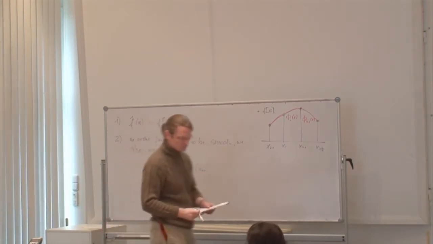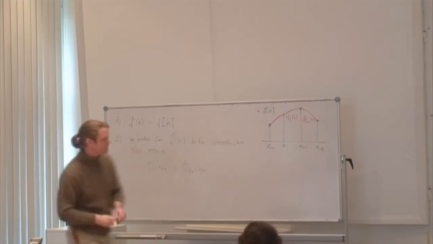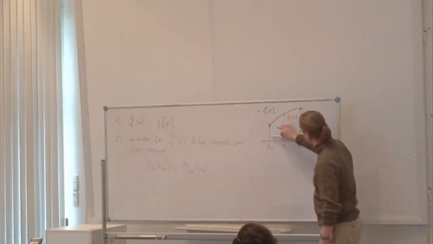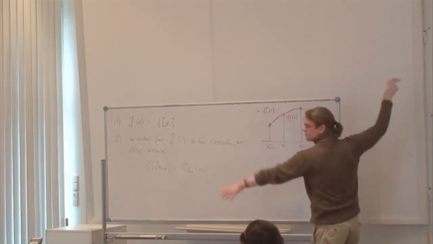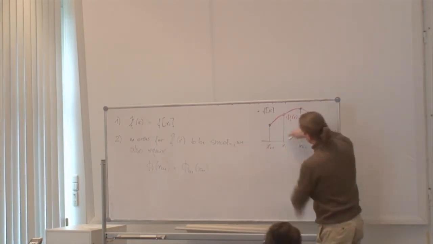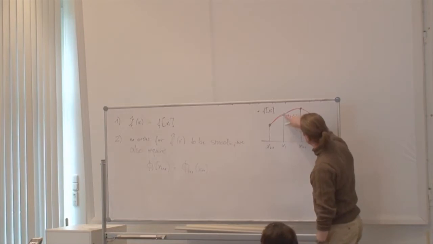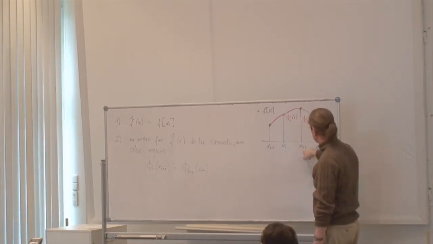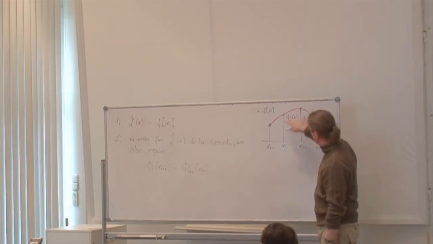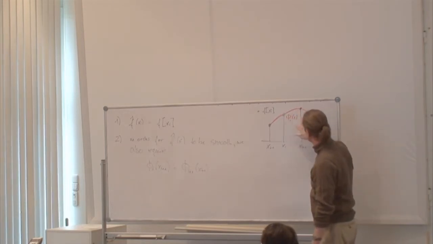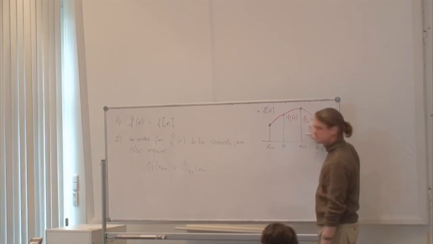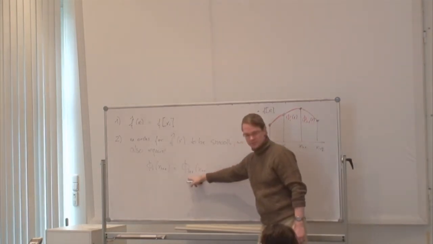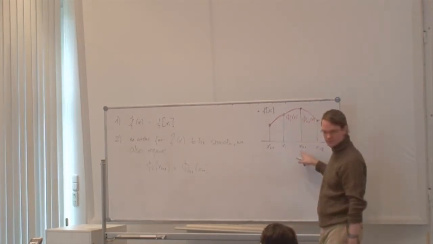What does that mean? Here is the function phi i, and it continues, you know, to all infinity. But in this interval, this is the function phi i of x. And at xi plus 1 here, we want this function to have the same value as this function. This here is the function phi i plus 1 at xi plus 1.